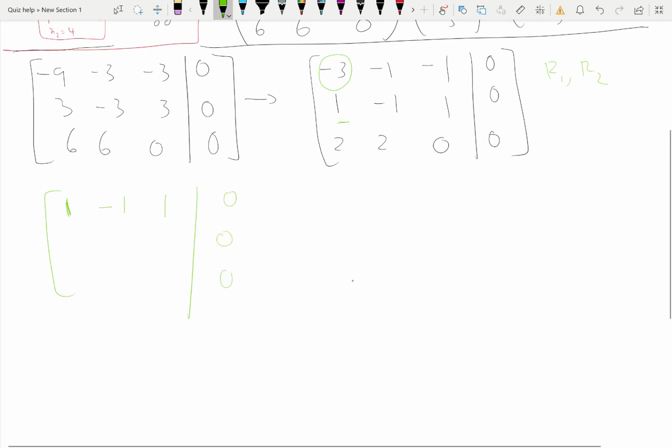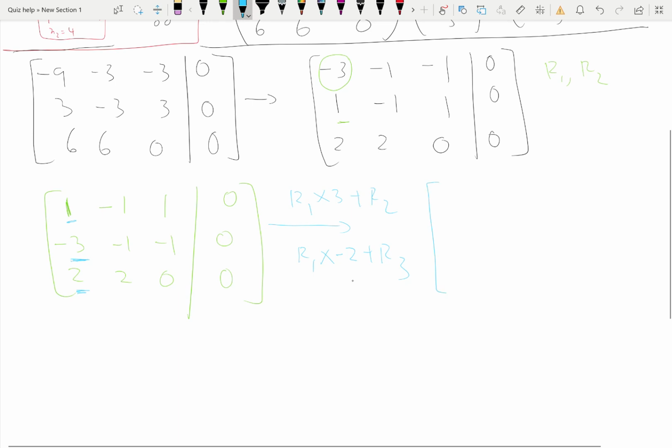At least we can avoid fractions, which in Gaussian elimination usually cause a mess. Now I want to create 0 and 0 in those positions. So first I multiply row 1 by 3 and add it to the second row, because 3 plus -3 is 0. At the same time I'll multiply the first row by -2 and add it to the third row, because -2 plus 2 is 0.